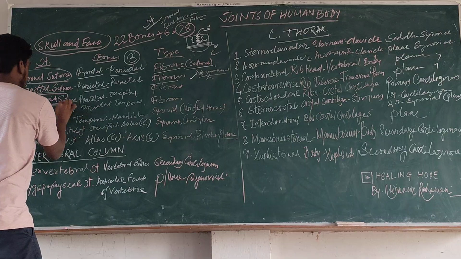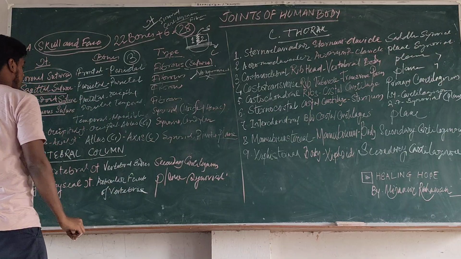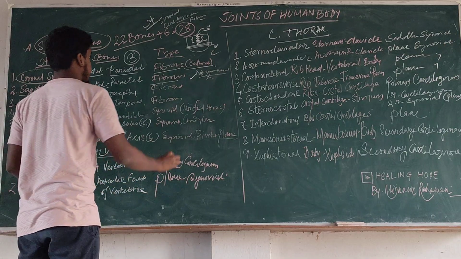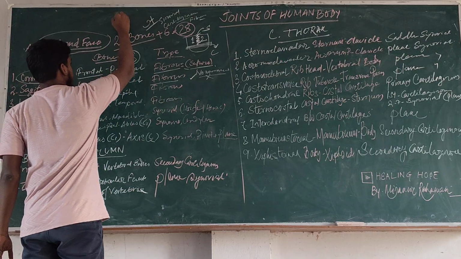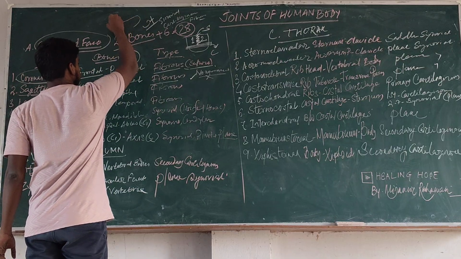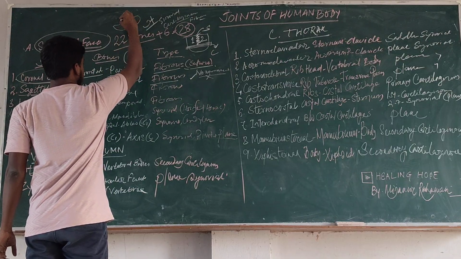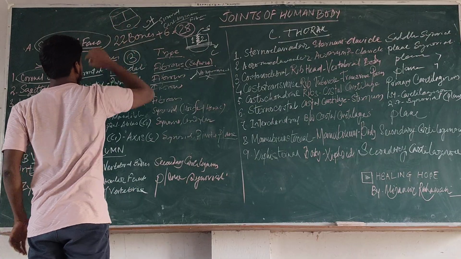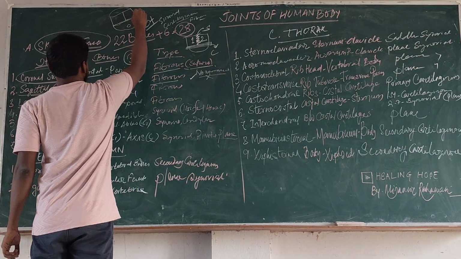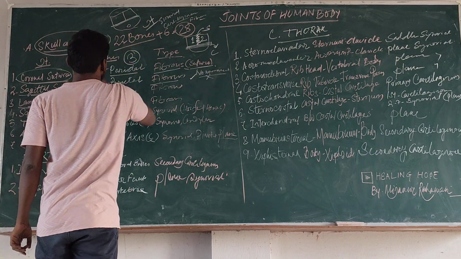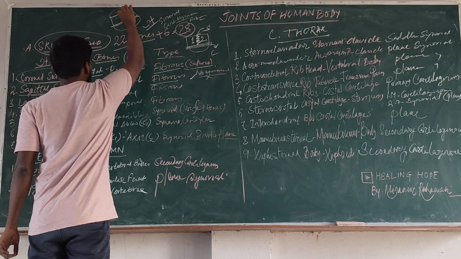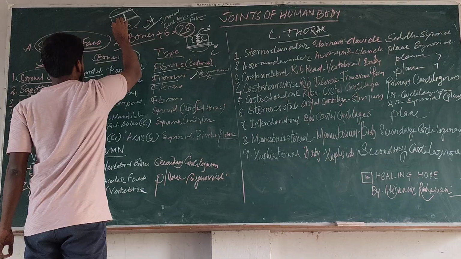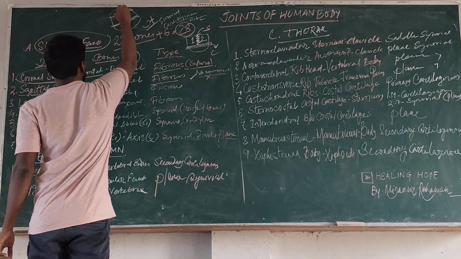Then the lambdoid suture. This is formed by the parietal and occipital bones. So this joint is known as the lambdoid suture. This one is coronal, this one is the sagittal, and this one is the lambdoid.